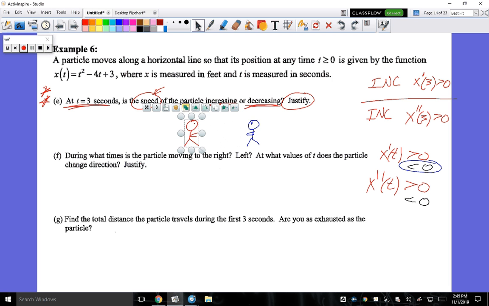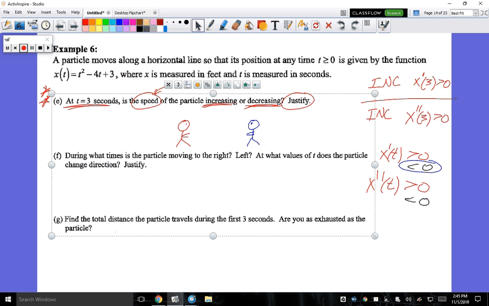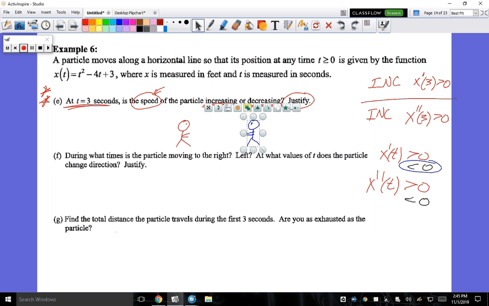I'm going to come with a negative acceleration, and I'm going to hit him with my head. So with negative acceleration to his negative velocity, he's going to speed up.